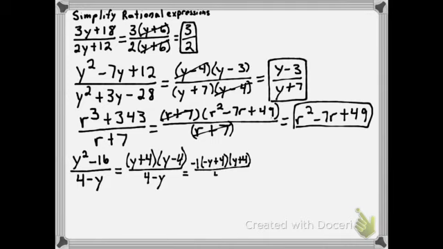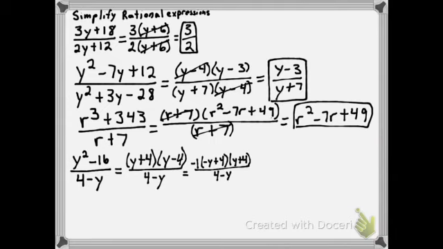And that's okay. But now, on the bottom, we still have this 4 minus y. So notice that on the bottom, the 4 minus y and now this negative y plus 4, they're really the same thing because the 4 is positive, the y is negative. So this is really a negative y plus 4, and on the top we have a negative y plus 4.